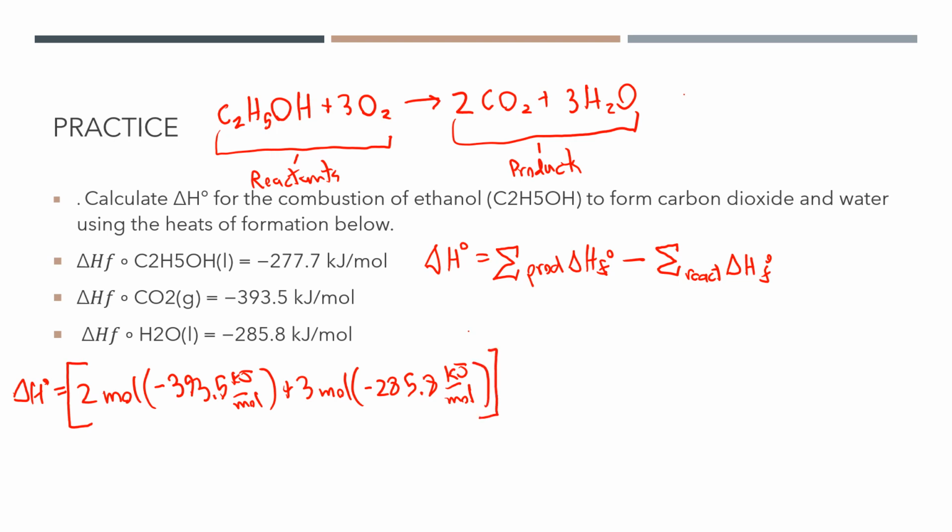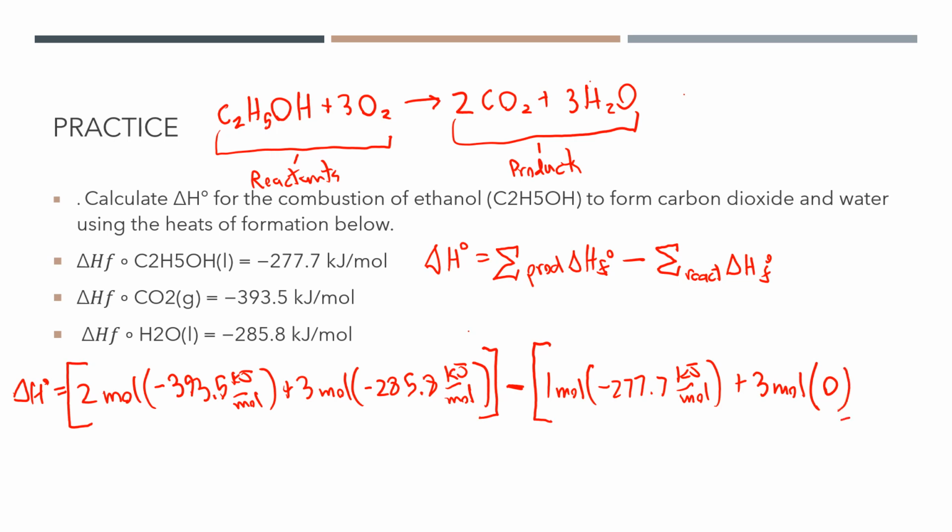So now we need to do our reactants. We have to put a minus there, and let's put another big bracket here. Let's look at our ethanol. For ethanol, we just put a 1 in front of it, so 1 mole times -277.7 kilojoules per mole. Add that to our oxygen, which is 3 moles times, and oxygen, remember, is a pure element, so that's going to be times 0.